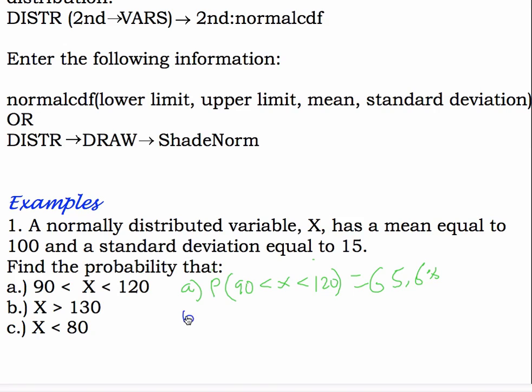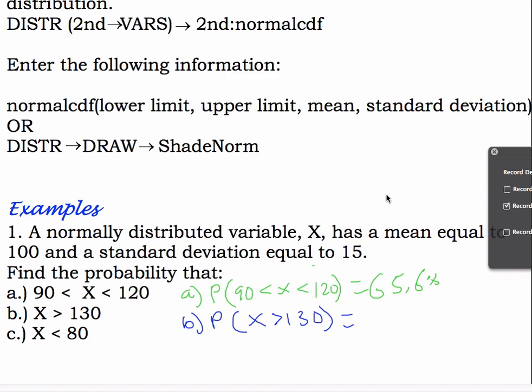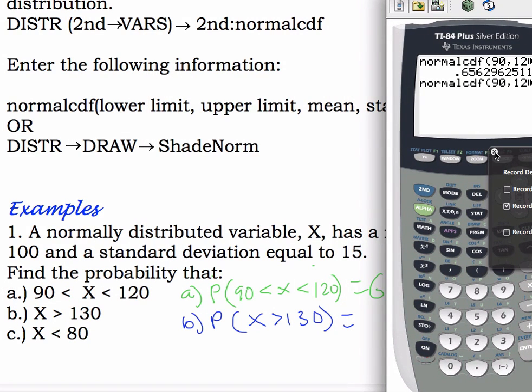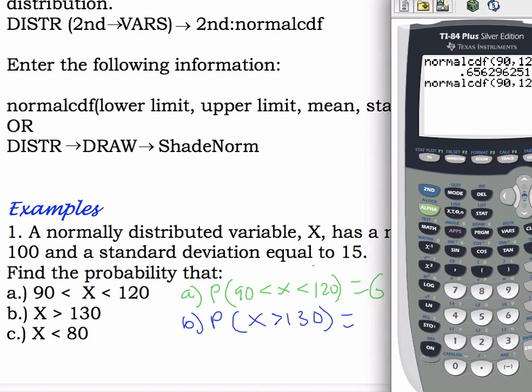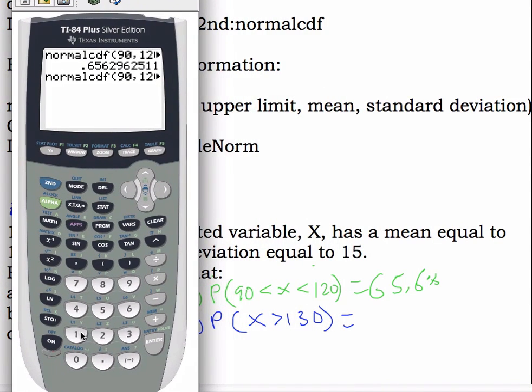And next one, we're going to work out the probability of the variable being greater than 130. Okay, so to do this problem, probability greater than 130, we need to type in the minimum, which is 130 here. Actually, let me just redo the whole thing.